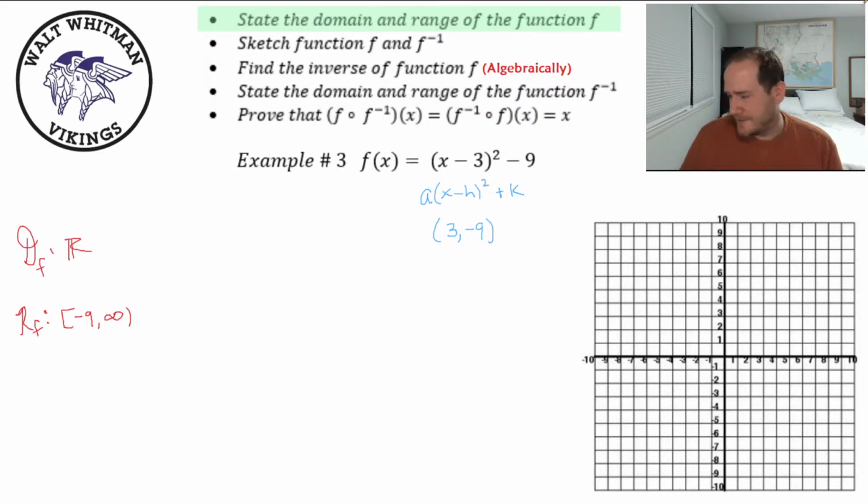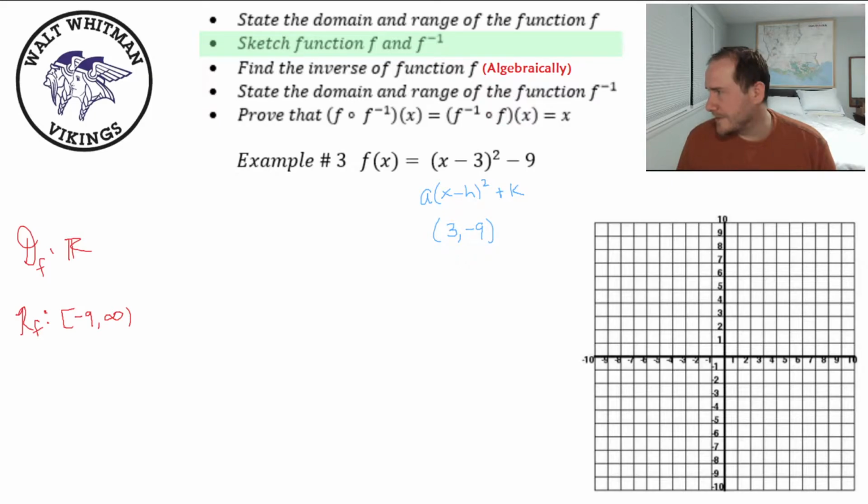While we're at it, let's sketch as well. So drag this down. Let's do our sketch. I just told you that our vertex is at 3, -9. So we could certainly plot that point first. Then from there, it would be nice if you were thinking about the fact that A is 1 and there's no C value in sight.